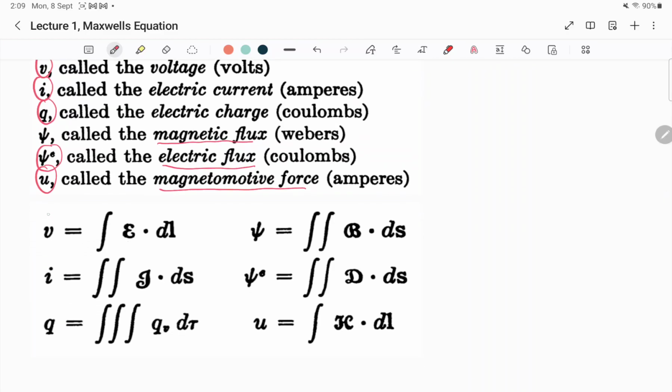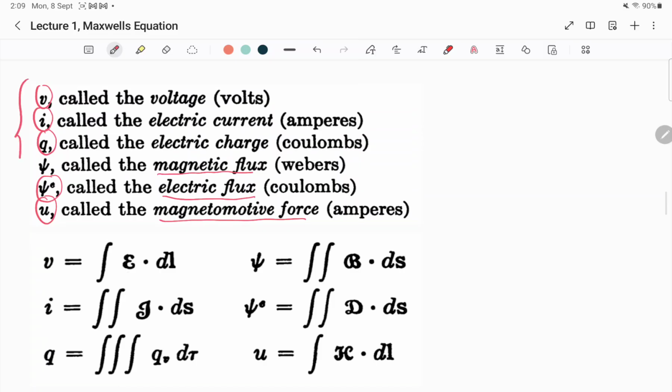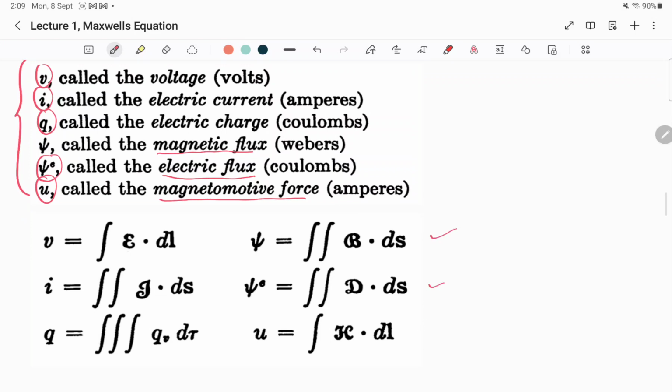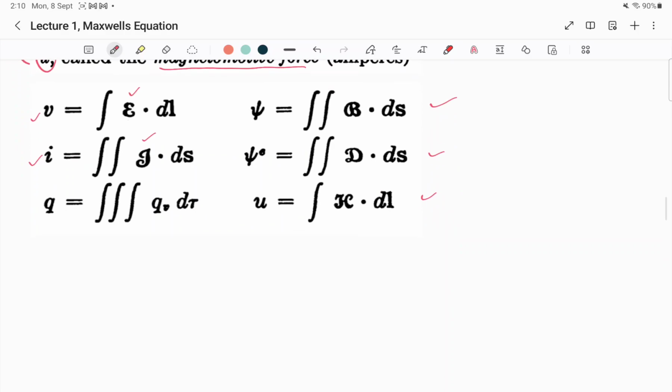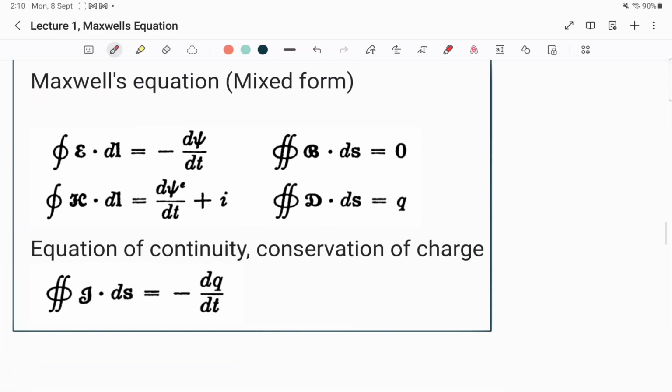So all these are circuit quantities, and these equations tell you the relationship between the circuit quantity V and the field quantity E, or the circuit quantity I and the field quantity J. So these equations are helpful in order to mix the circuit quantities and field quantities in Maxwell's equation. Okay, so now we are going to see how we can do that.